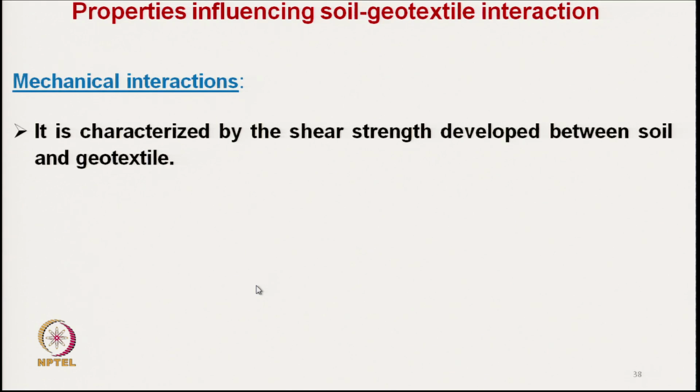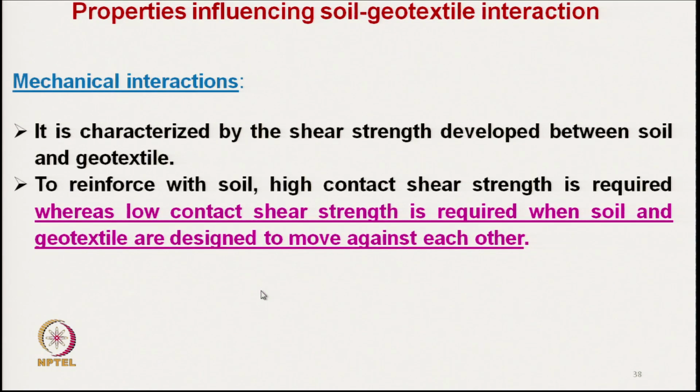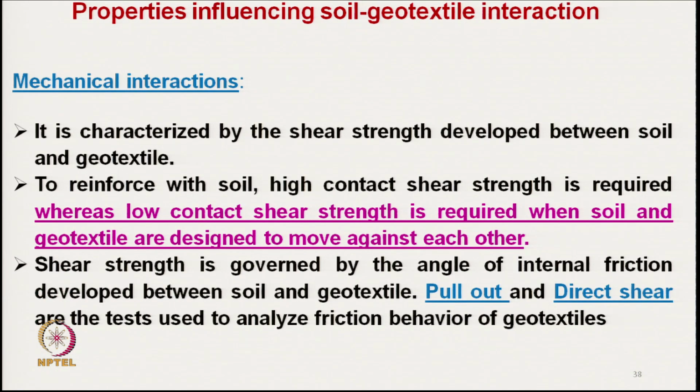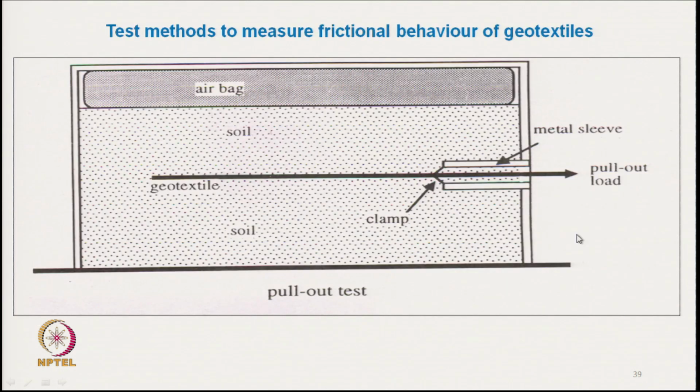The next mechanical characteristic I have already explained, so I am not going to explain it here in detail. The mechanical characteristic is the mechanical interaction: shear stress is developed, and shear strength is calculated against the soil. It is done by the pull out test and the direct shear test.